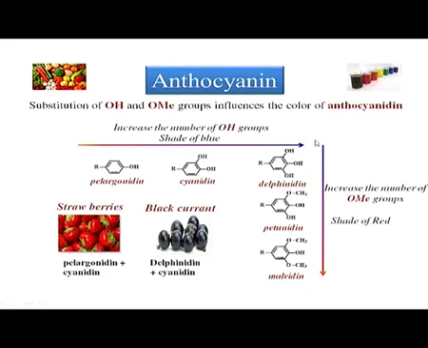Okay. At the same time, if you have more methyl substituted by methoxy, again the color changes from blue to red. Look at these examples here, pelargonidin, cyanidin, delphinidin. In strawberry you have pelargonidin and cyanidin, so the color is red. In the case of delphinidin and cyanidin, in black currants, the color is more in this blue hue.